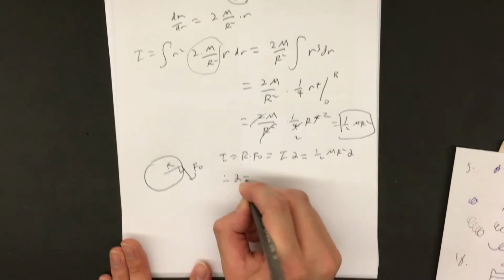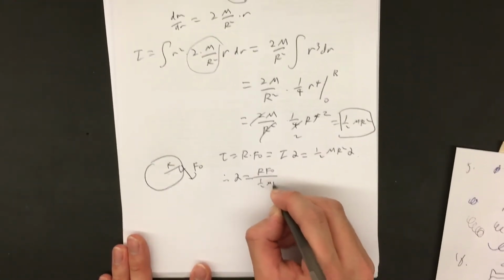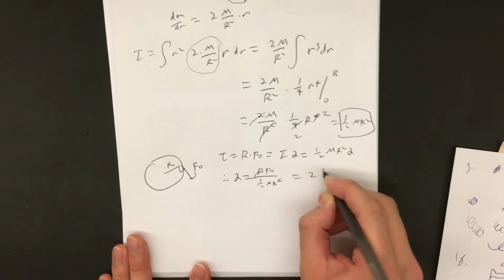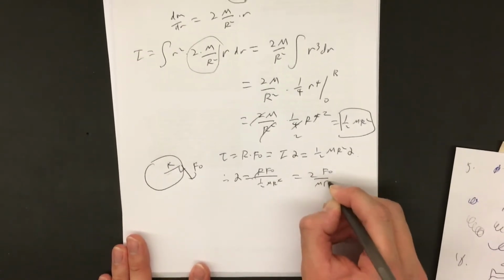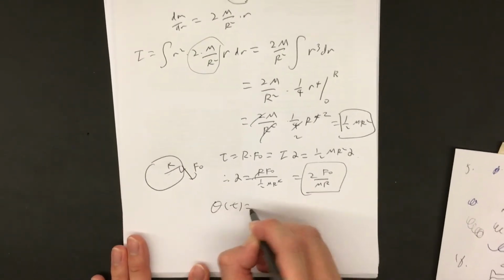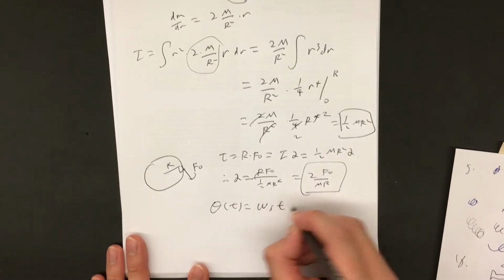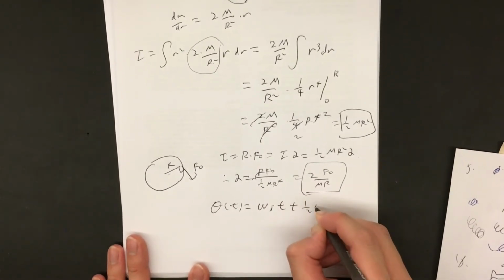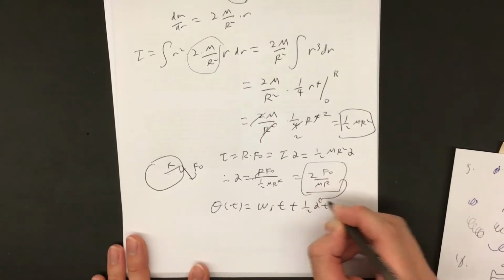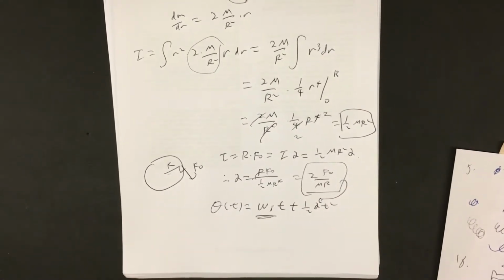So angular acceleration equals R F naught divided by 1/2 MR squared, which equals 2 F naught over MR. Now I can use this again to solve for theta of t, which equals initial angular velocity omega times time plus 1/2 alpha t squared. And I can simply plug this value in with a given initial angular velocity.